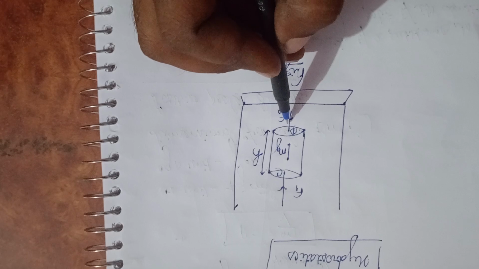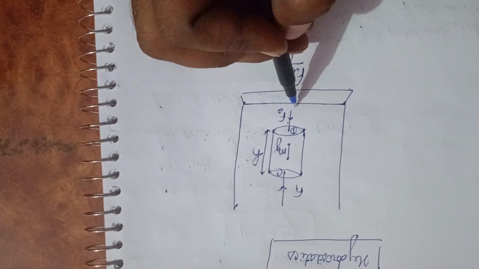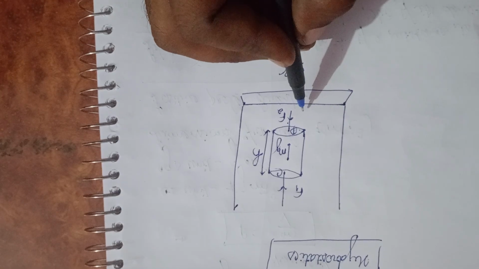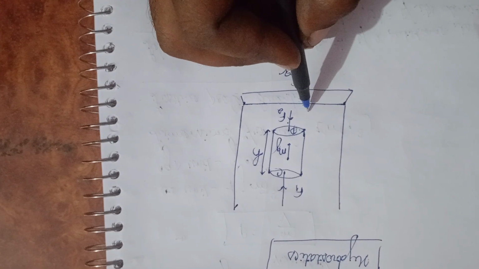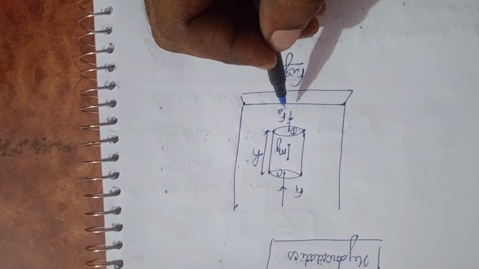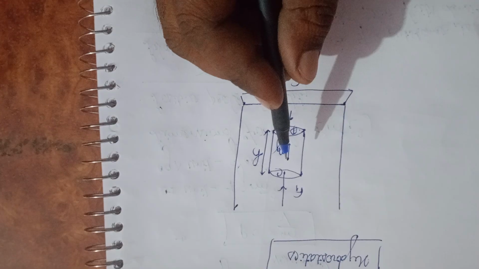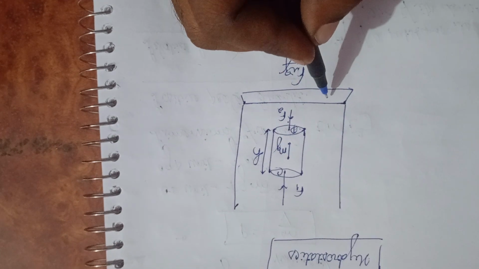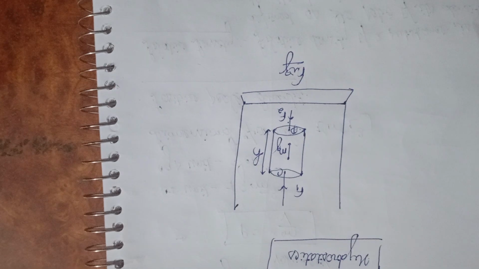The liquid cylinder is under the action of following vertical forces. First force F1 is equal to P1A acting vertically downward on the top face of the cylinder. Second force F2 is equal to P2A acting vertically upwards on the lower face of the cylinder. Third, weight mg is equal to AH rho g of the liquid cylinder acting vertically downwards.